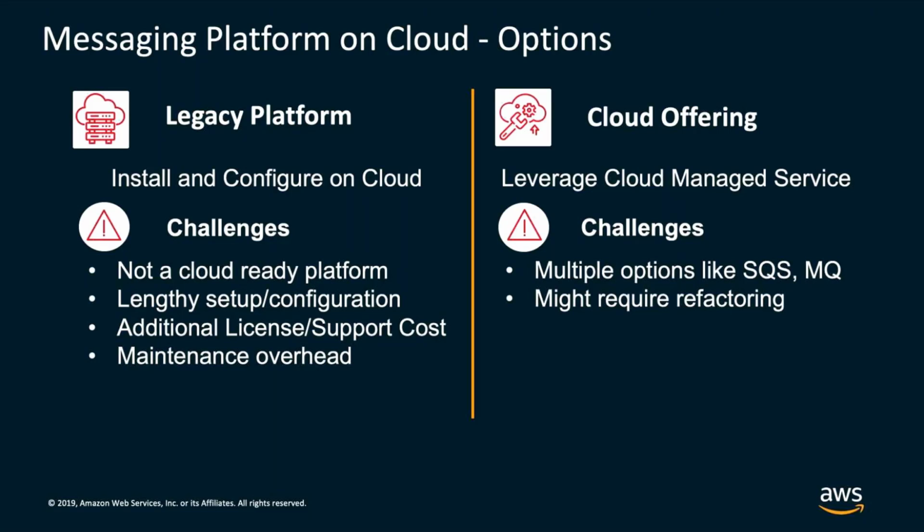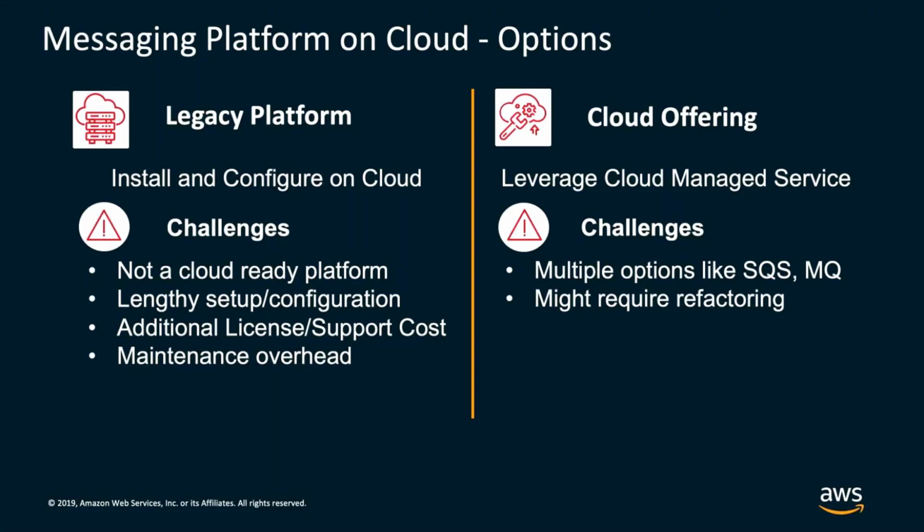The setup and configuration might be lengthy when you are doing a cloud migration with a very tight timeline like what we had. That could be a challenge. Then there might be additional support and licensing costs, and there might be maintenance overhead as well.